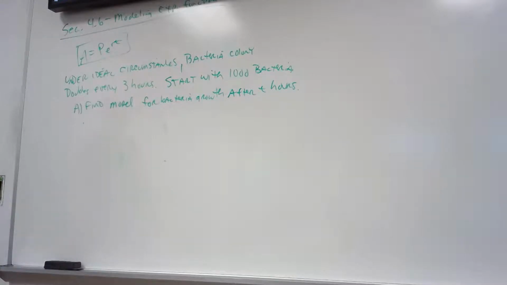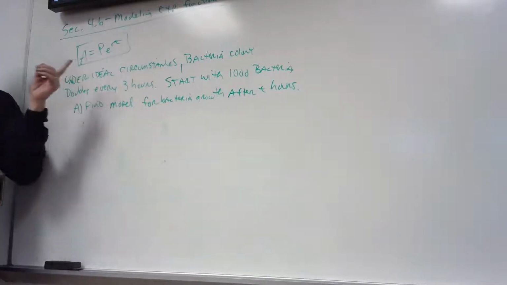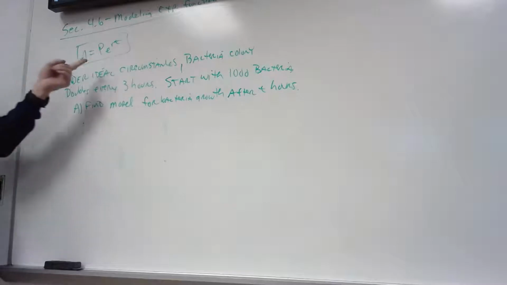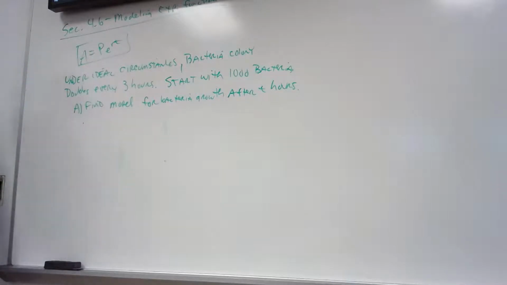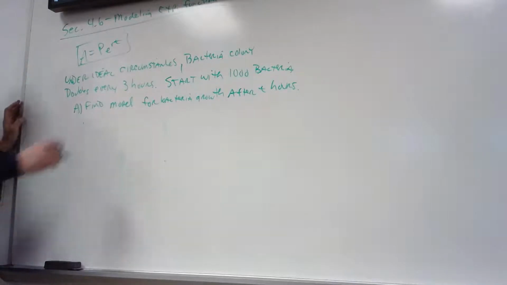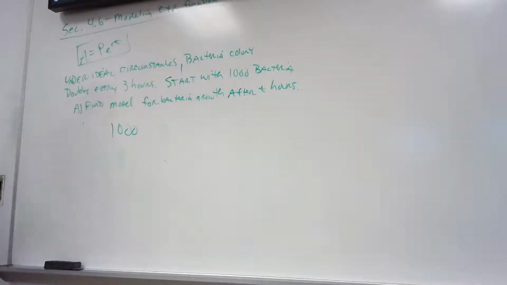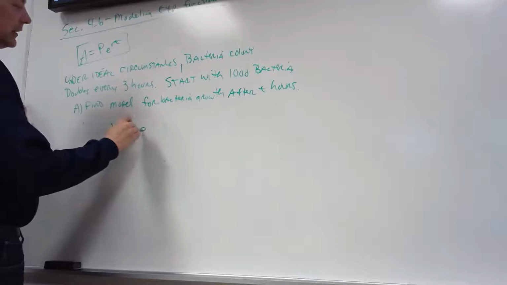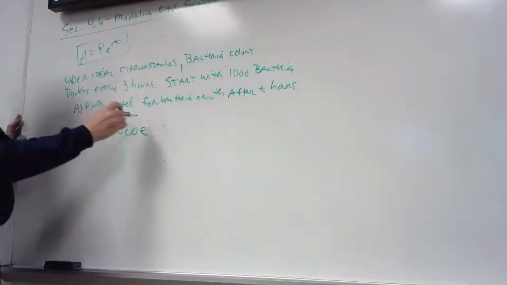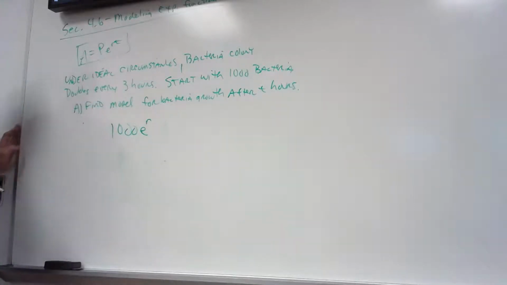What do you think? Zach, you got any ideas how you do this one? You start with 1,000 bacteria. Okay, so 1,000 would be our what? P in this formula. You can think of that as your principal, okay? So we've got 1,000 bacteria. And then the rate, well, we don't know the rate yet. But we know that it doubles every 3 hours.